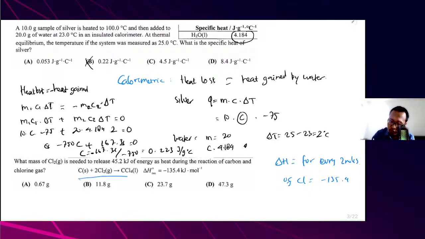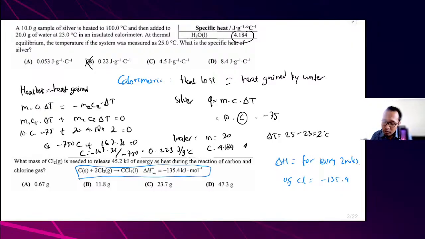As you can see over here, this is the reaction itself. So for every 2 mole Cl2, minus 135.4 are released. Minus means release. What mass of Cl2 is needed to release this much heat during the reaction of carbon and chlorine gas?